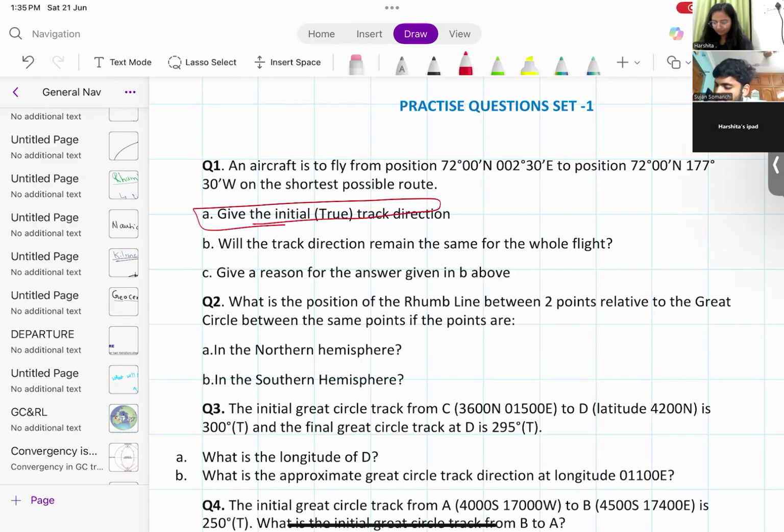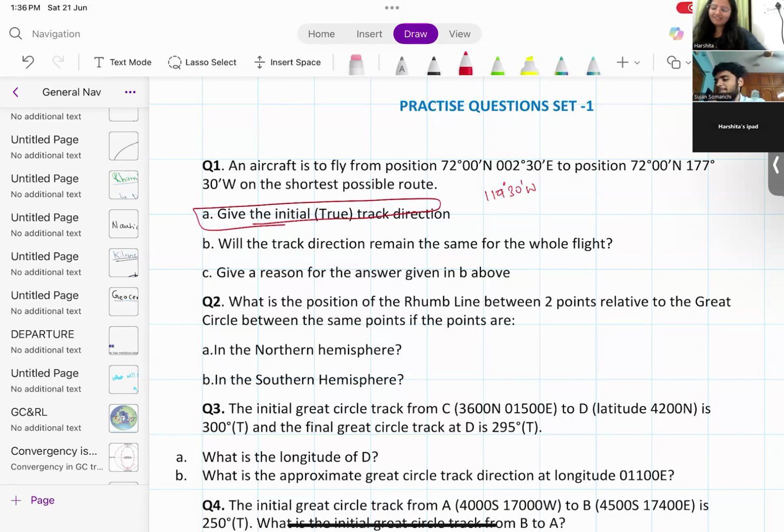Ma'am, change of longitude will be 119 degrees 30 minutes towards west, like it's traveling from east to west. And the departure would be like... Do you want me to give some hint?